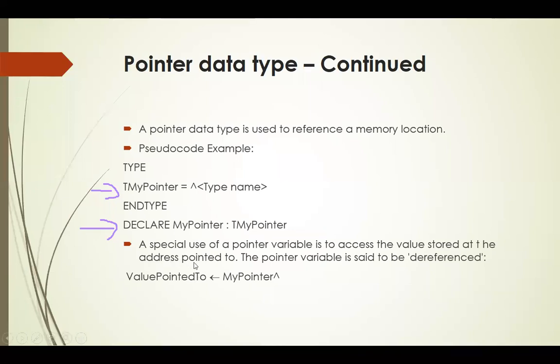So if we are using the pointer value to get the actual value of the variable, we are dereferencing the pointer variable.